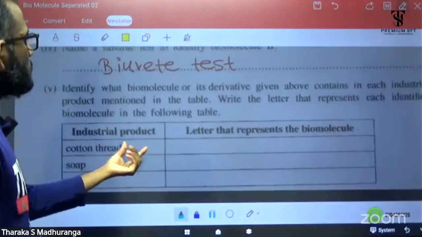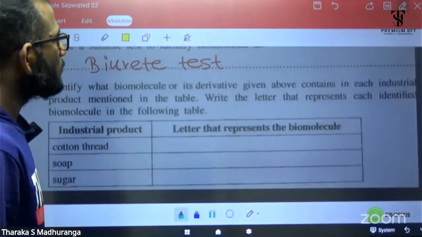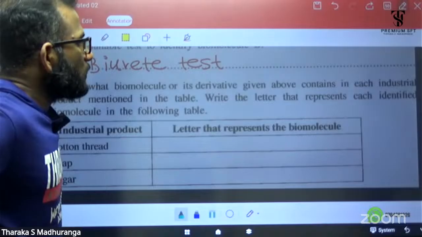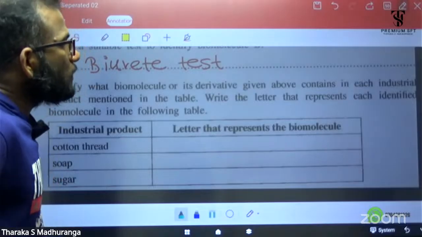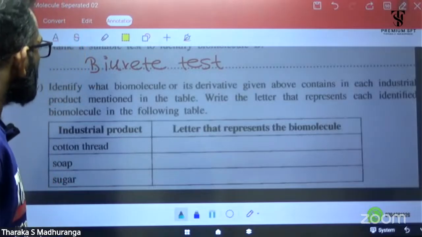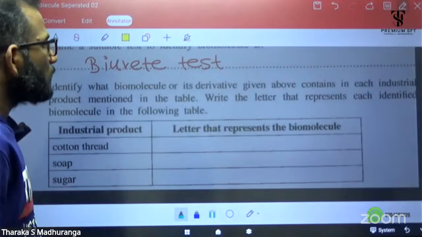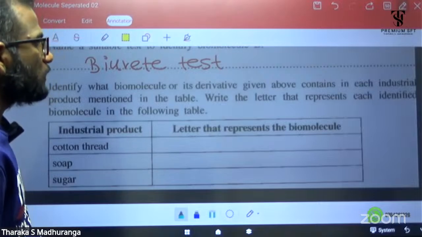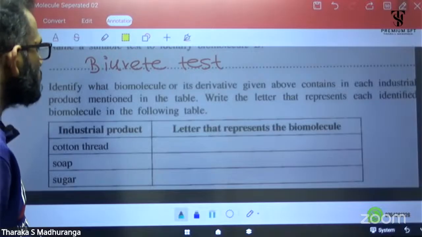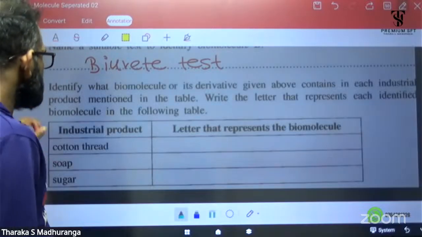Identify which biomolecule or its derivative given above is contained in each industrial product mentioned in the table. Write the letter that represents each identified biomolecule.